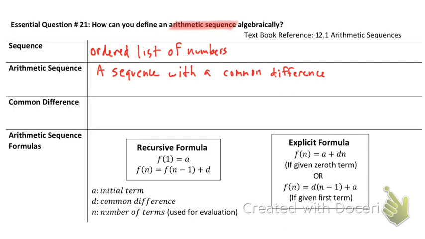So to think about it, if you have an arithmetic sequence, you must have a common difference. And it also works in reverse. If your sequence has a common difference, then it's an arithmetic sequence. Okay? An example of an arithmetic sequence is a list of numbers that would look something like this.